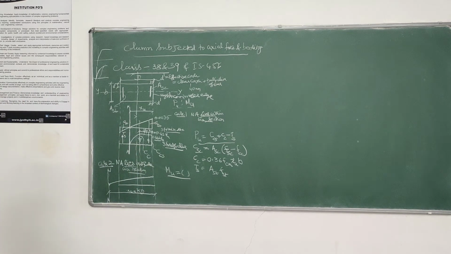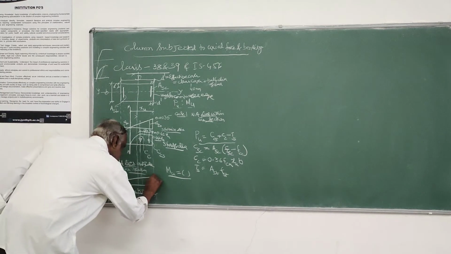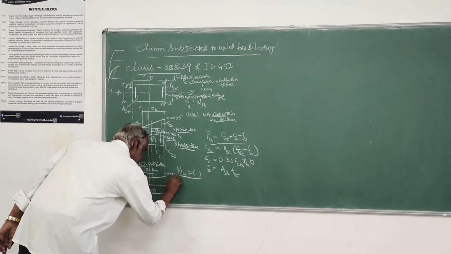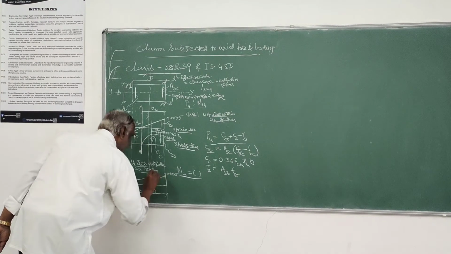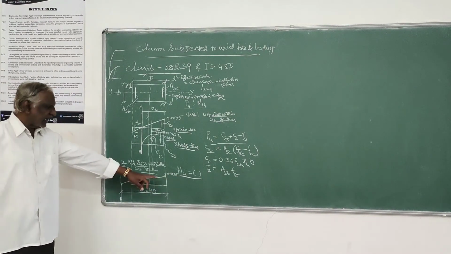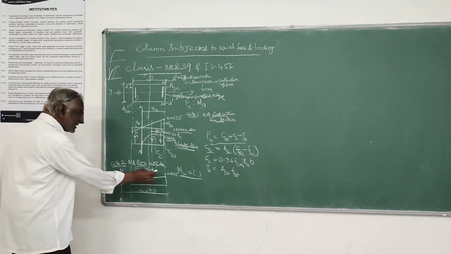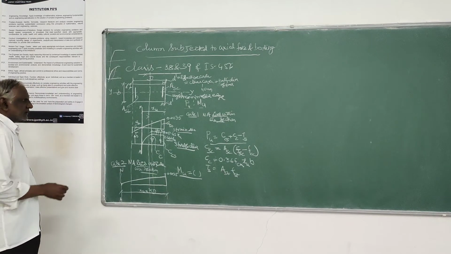It's again linear, and the maximum strain will be here, 0.0035. For actual MU and PU, the actual strain may be below this maximum allowed.